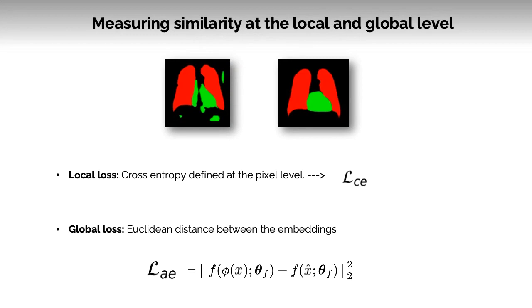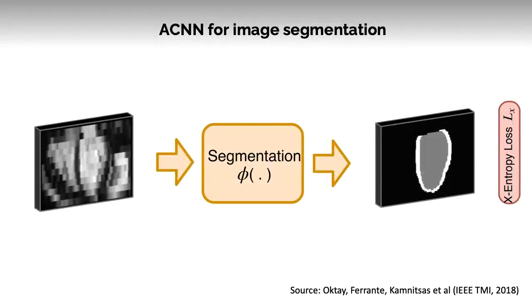You will have this distance between the embeddings. What embeddings? The embedding of what my network produced and the embedding of my ground truth. So these embeddings contain global information. If I compare them, I will be really comparing the global structure of the segmentation, not anymore at the pixel level, but at the global level.